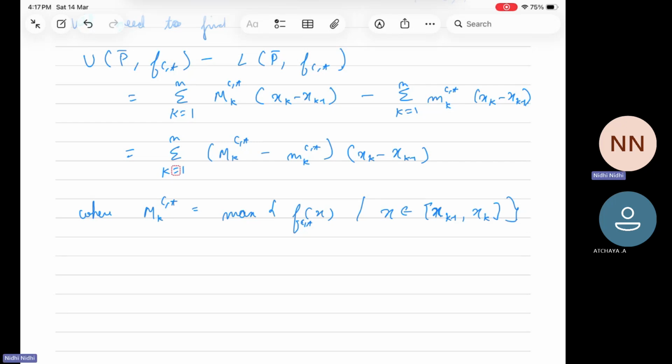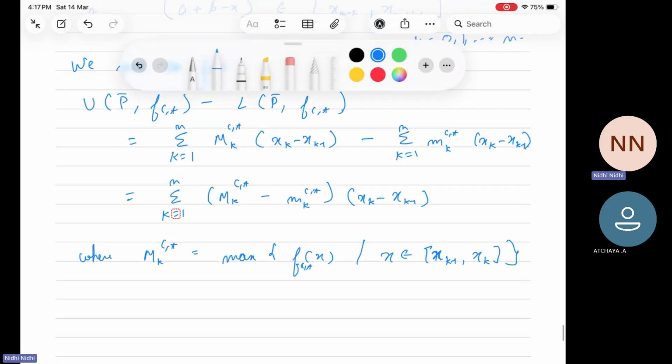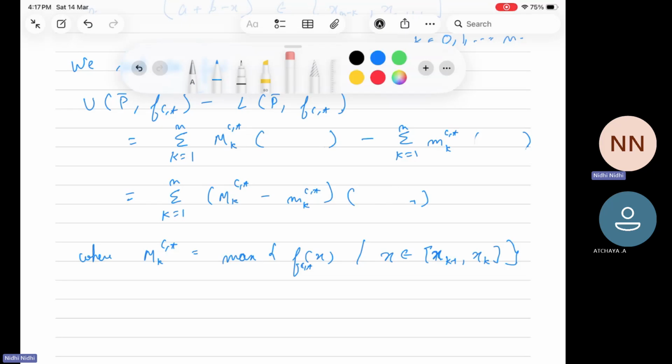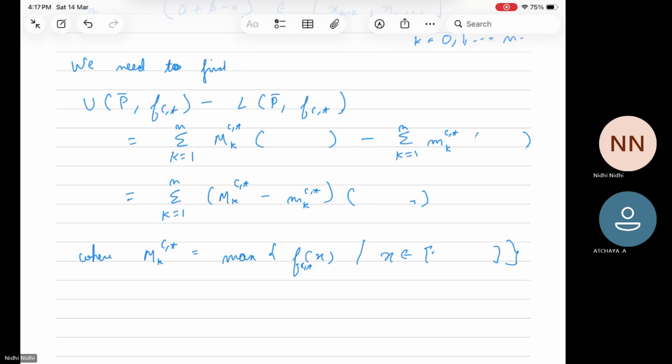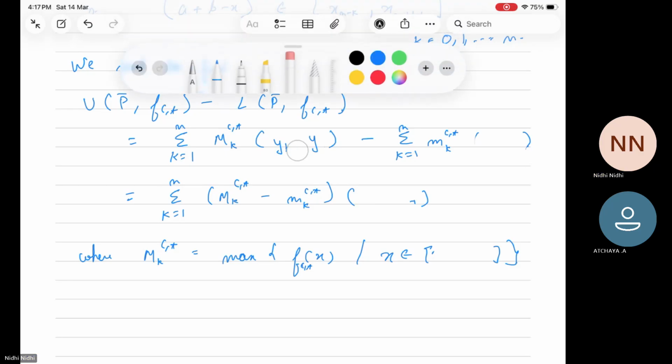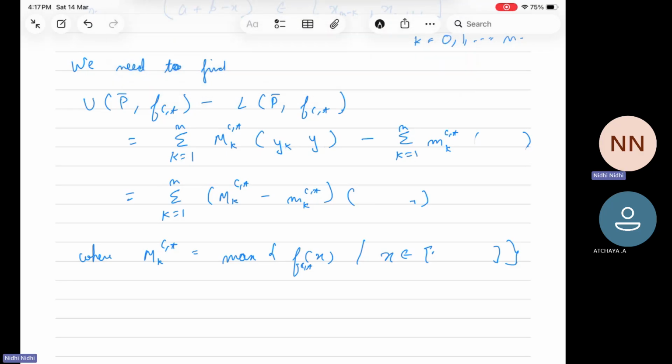Sorry, we are working on P bar, so all this should be y. Our partition is P bar. So this is y_k minus y_{k−1}, and this is from y_{k−1} to y_k.